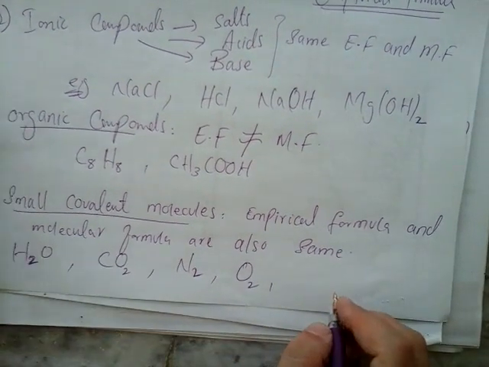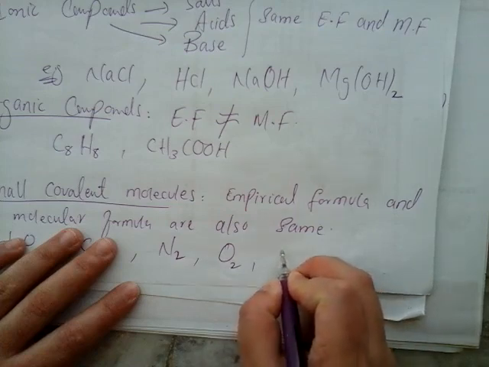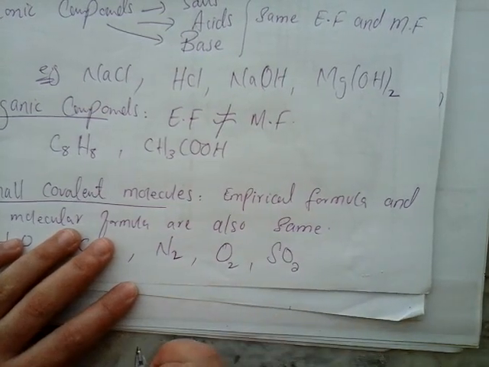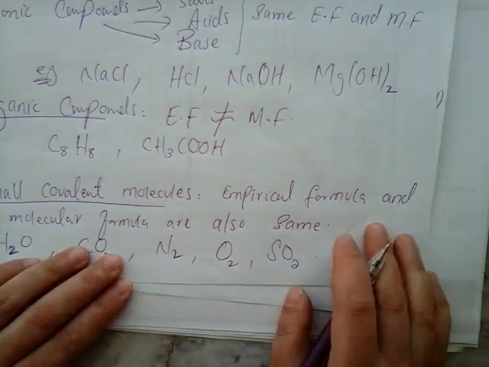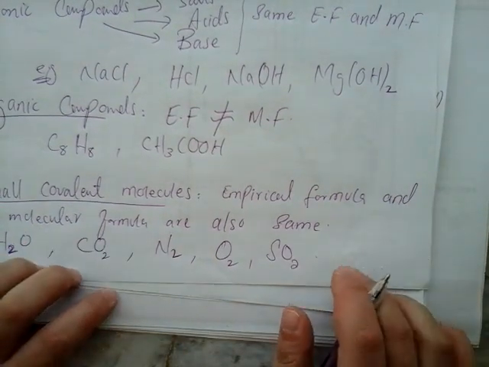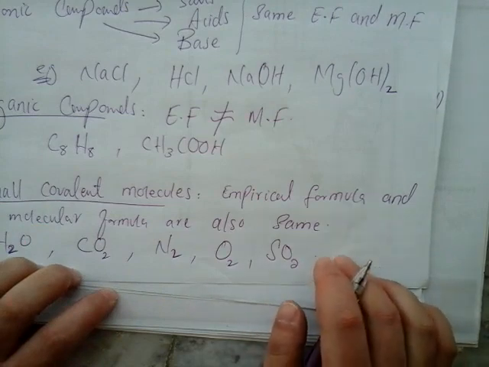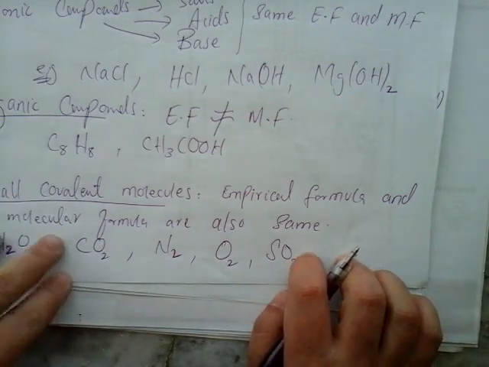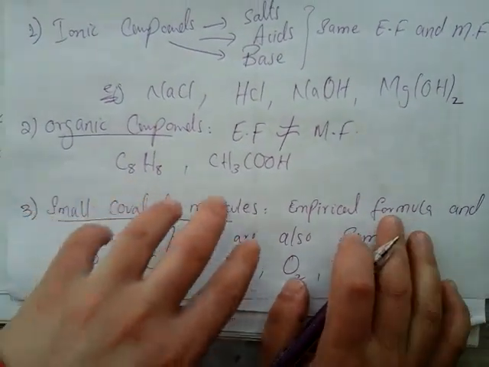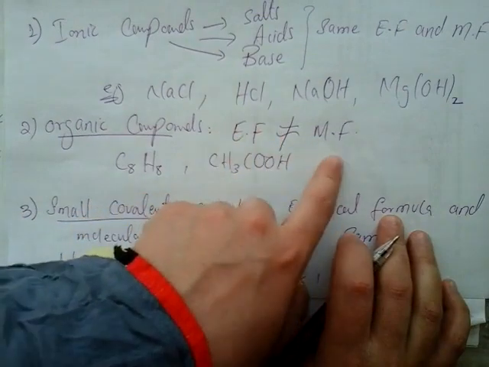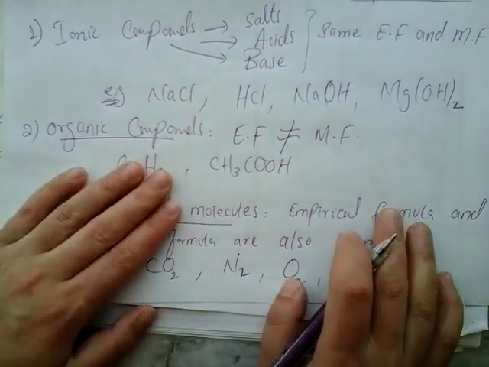For example, sulfur dioxide, a pure covalent molecule. There are many small covalent molecules whose empirical formula and molecular formula are the same. Large organic compounds have empirical and molecular formulas that are not the same, and we have to calculate and convert them.